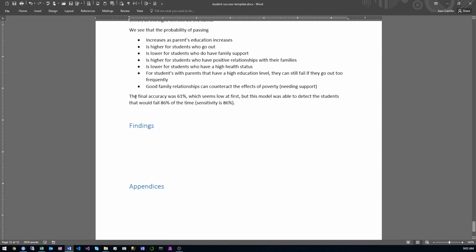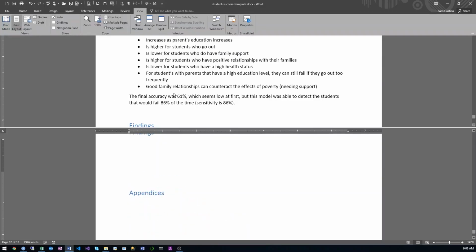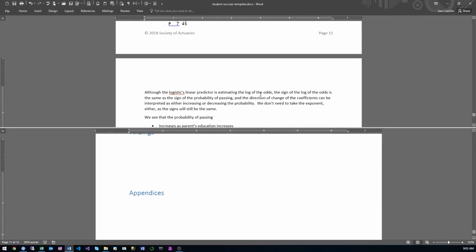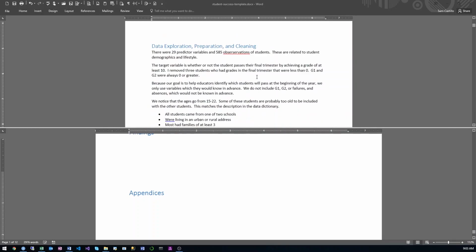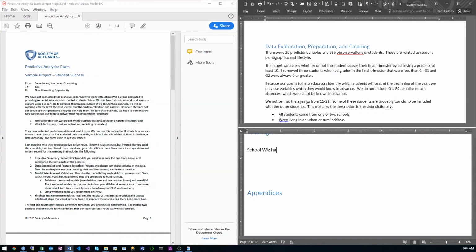Okay, so now I want to split my monitor. I want to zoom out a little bit. Whoops. And then just go up to the top and maybe start with the business problem. So I'm going to open up the project statement again. SchoolWhiz has an opportunity to improve the academic well-being of their students using data from prior school years.